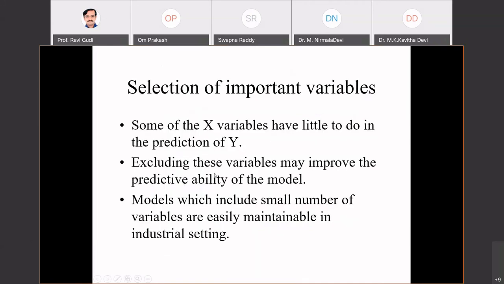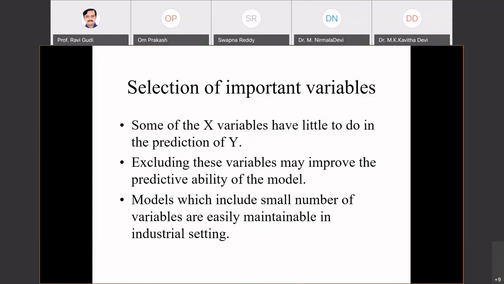Okay? The key point here is this: when we assume an X and you build a Y, are you sure that you have chosen the right X's? What are the important variables in X? What are the key variables? How do you choose those key variables? It might be entirely possible that some of the X variables have nothing to do with Y, but because you're unsure, you just throw them in there.